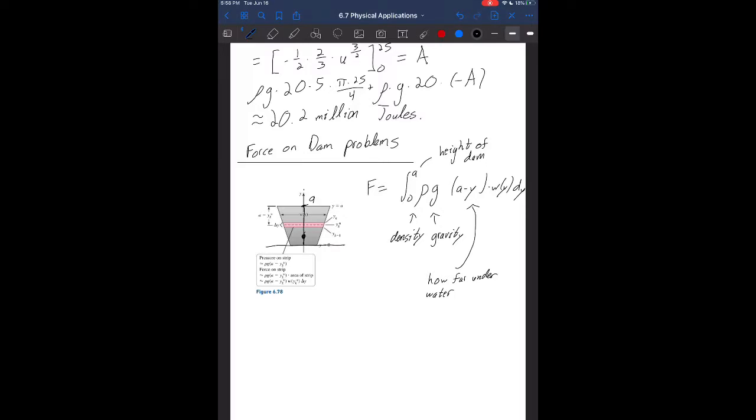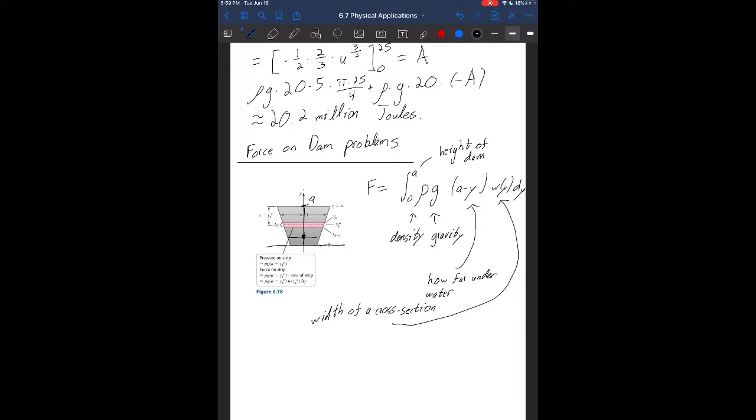And then finally, this new function, which is W of Y, and this is the one that you have to work to figure out. This is the width of a cross section. So very similar to the pumping problems where you had to figure out area.